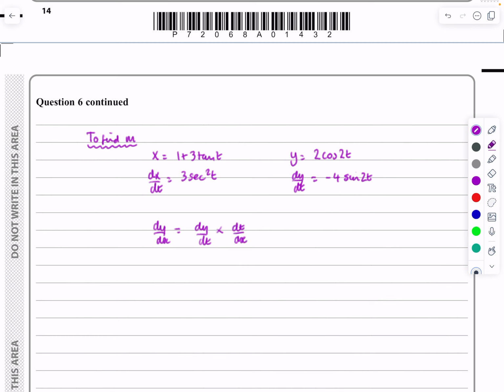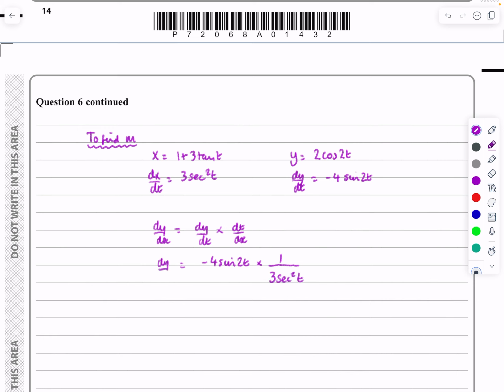dy by dx is dy by dt times dt by dx. And again, hopefully this is all standard stuff to you. We've got dx by dt, not dt by dx. So when I'm doing dy by dx, I'm going to get dy by dt, minus 4 sine 2t, but multiplied by, just flip this one over, 1 over 3 sec squared t.